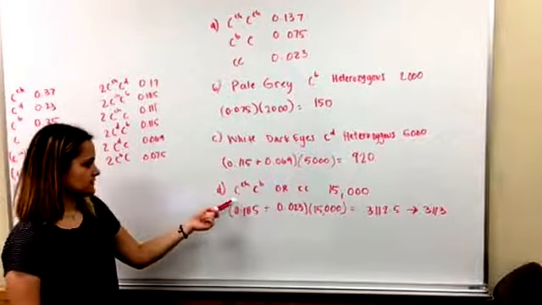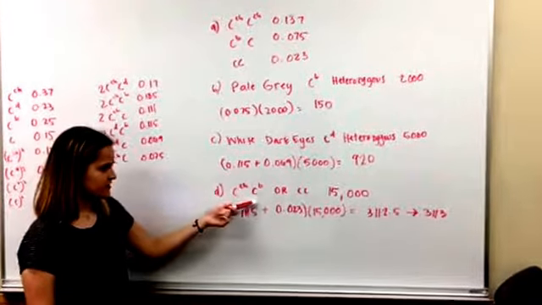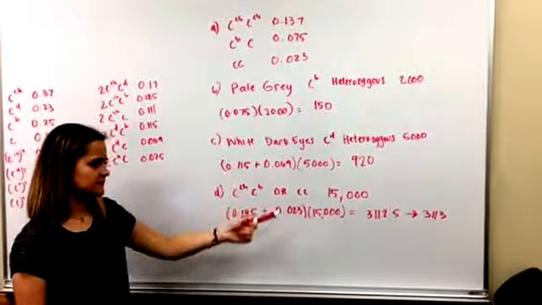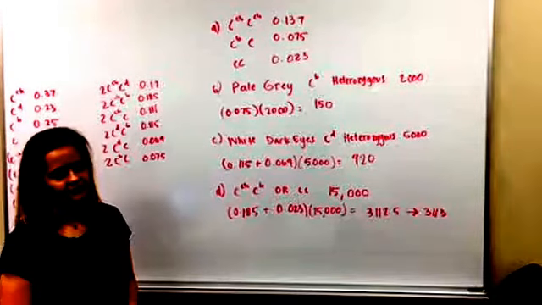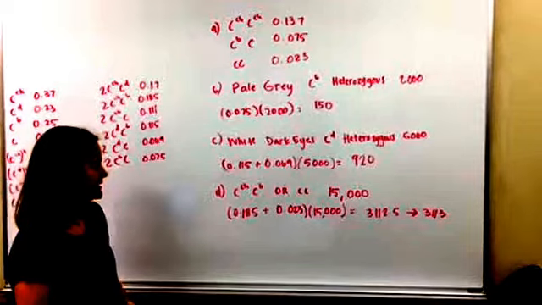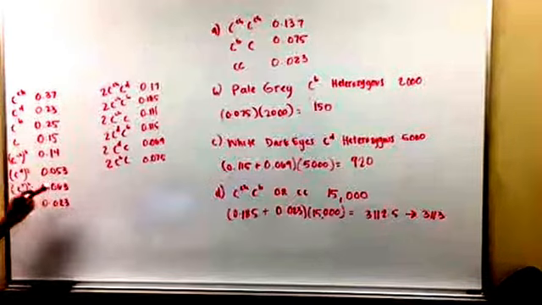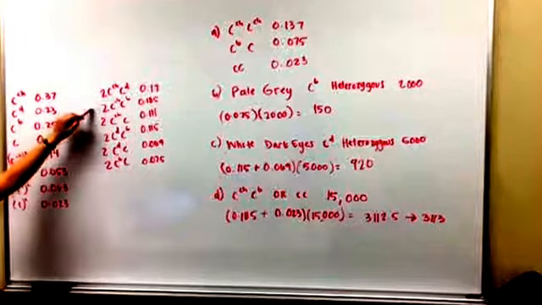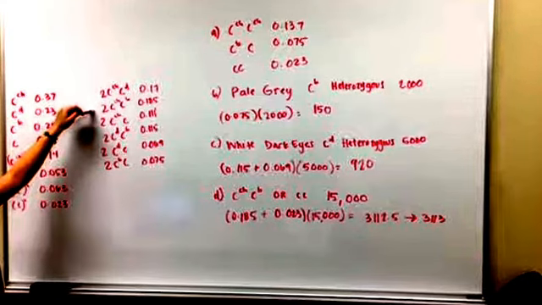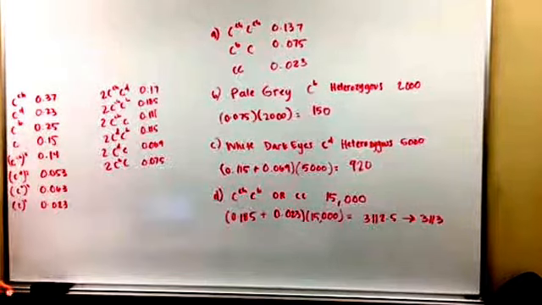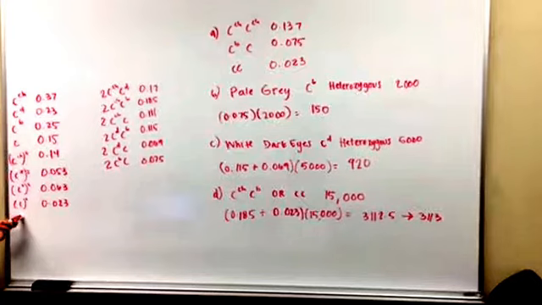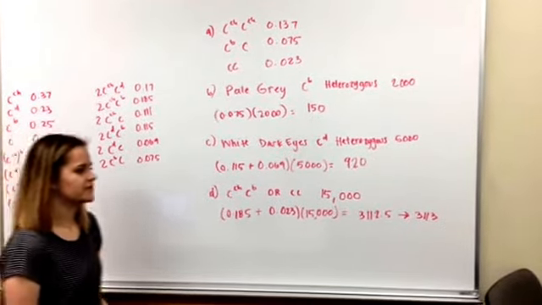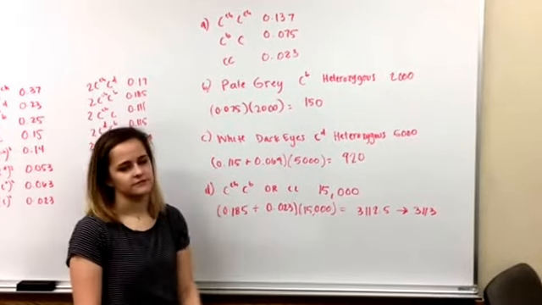And then for part D, we're looking for C^CH, C^B, or CC in a population of 15,000. So we can come over here and find the C^CH, C^B and add that to the frequency of the CC, and then you multiply it by the population and you get 3,113.